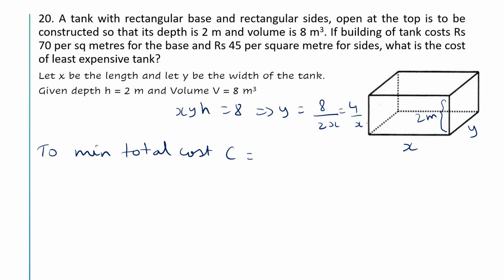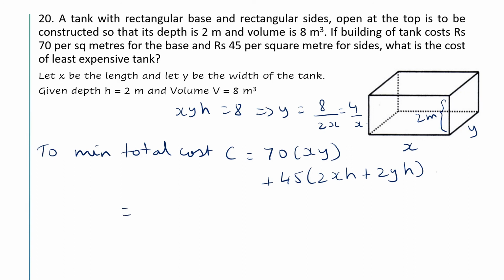So we have to minimize the total cost. C is equal to 70 into xy plus 45 into the area of the two sides, 2xh plus the remaining two sides is 2yh.